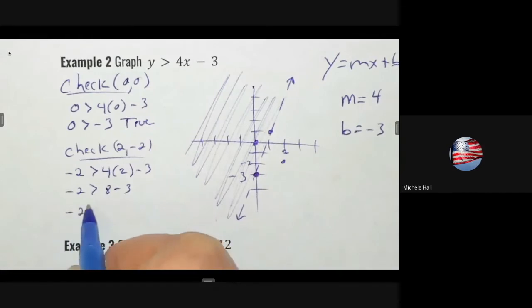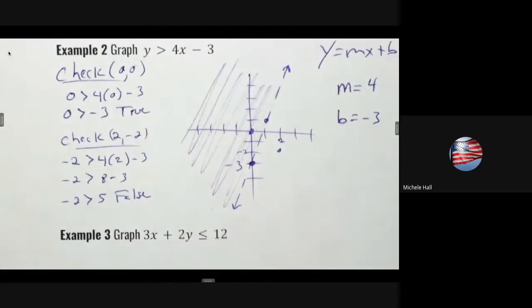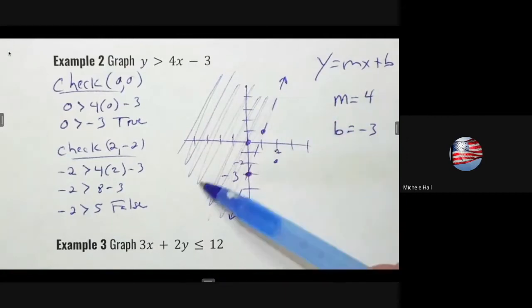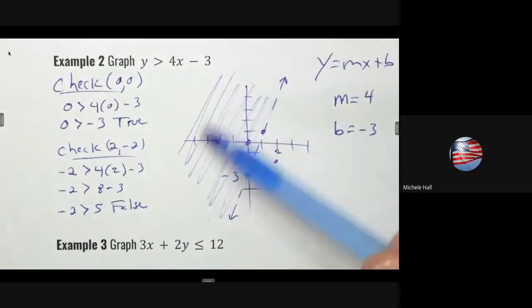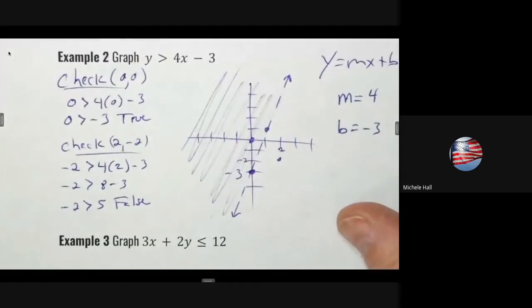And this says that negative 2 is greater than 5. That's false. When you have an inequality, all of the solutions that are on this side will work. There's an infinite number of solutions that will work for this inequality. That is fully graphed and checked.